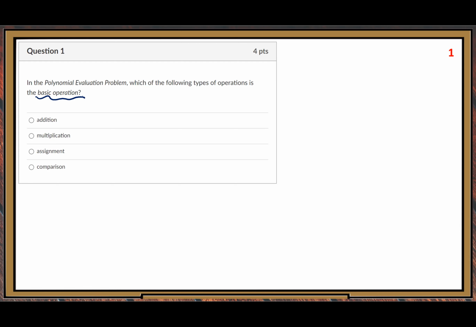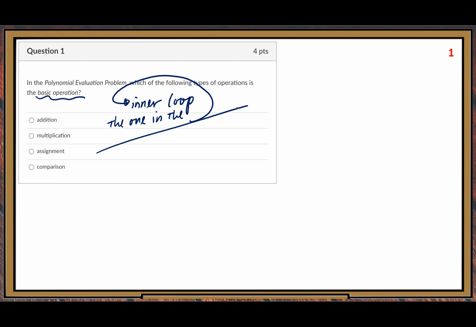In class and in our textbook, we use the inner loop. This is from the textbook.